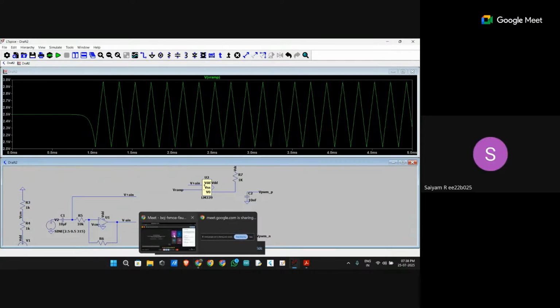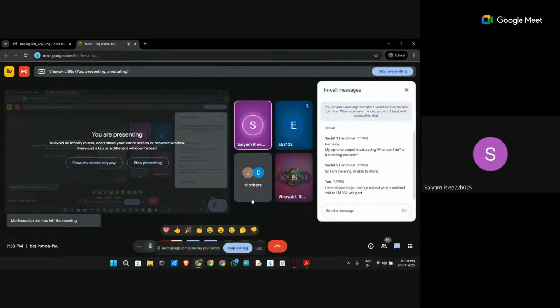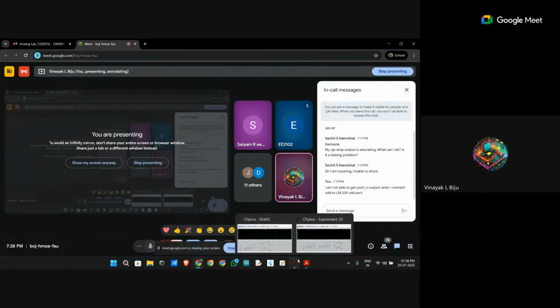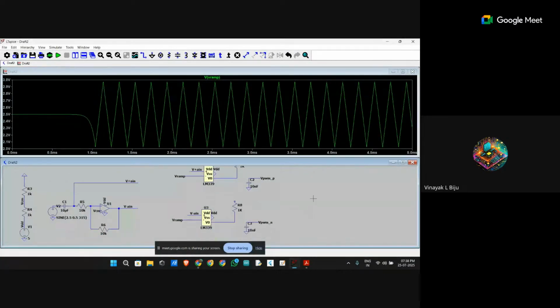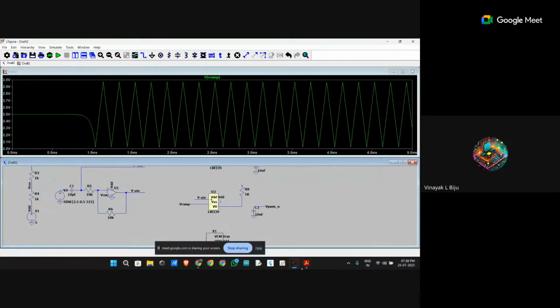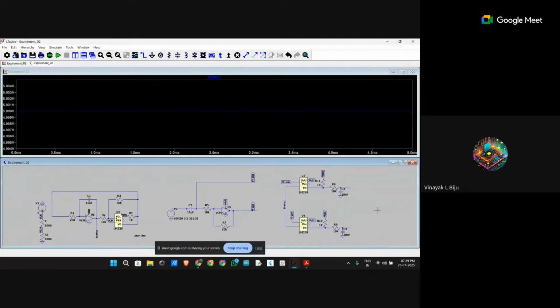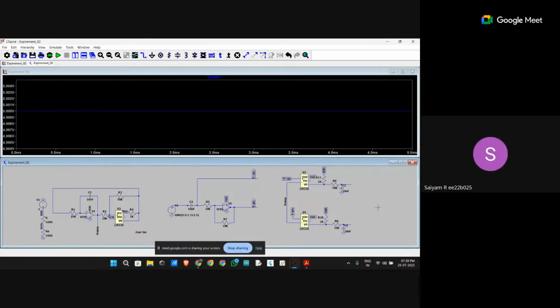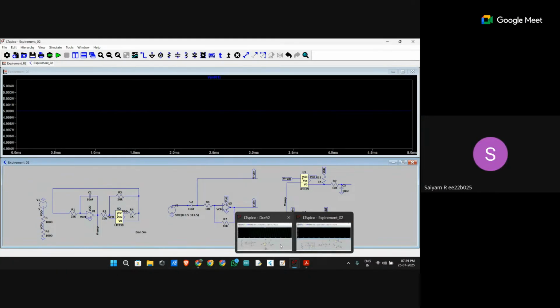I'm thinking what could be the issue. Sir, I tried the same thing without this block, and this circuit also has the same problem. But the ramp is generated correctly when VDD is not connected to the second comparator, for both circuits. Then can you just remove the pull-up resistor and check for the second comparator, for both?